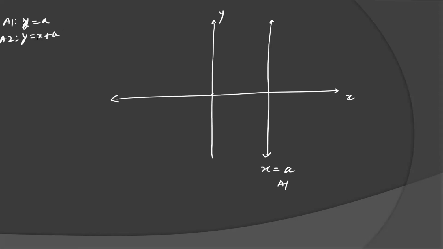The tracing is very easy. X equal to 0, y equal to a. Okay. If y equal to 0, x equal to minus a. Okay, minus a. So this will pass through like this.